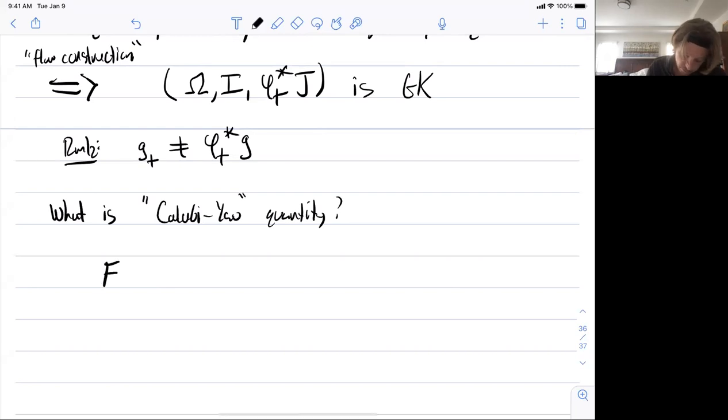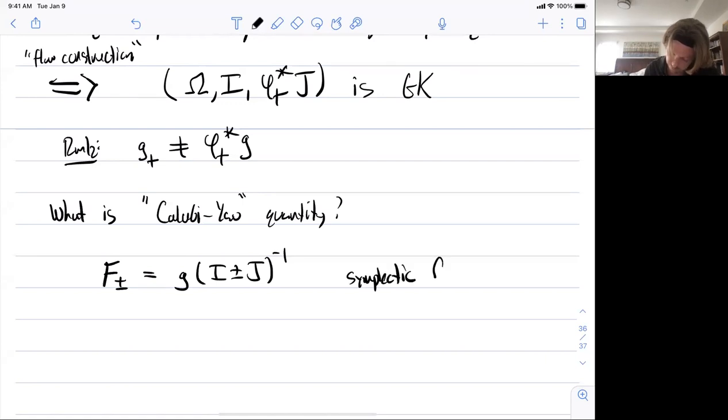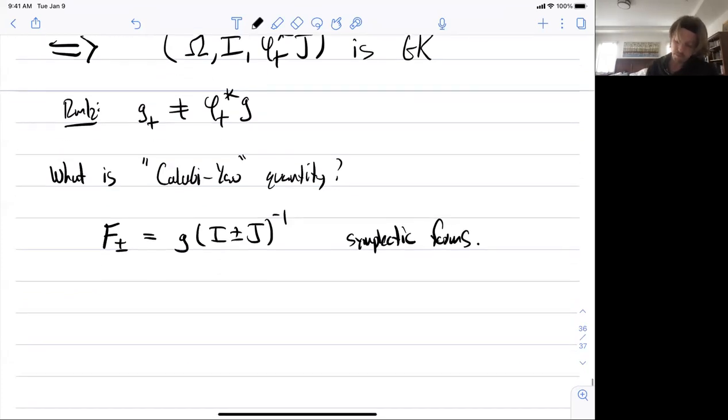So I can define these two symplectic forms, F plus minus, which is g I plus minus J inverse. So it follows from the integrability conditions that these are both symplectic forms. This is the equivalent way to think about these non-degenerate structures.